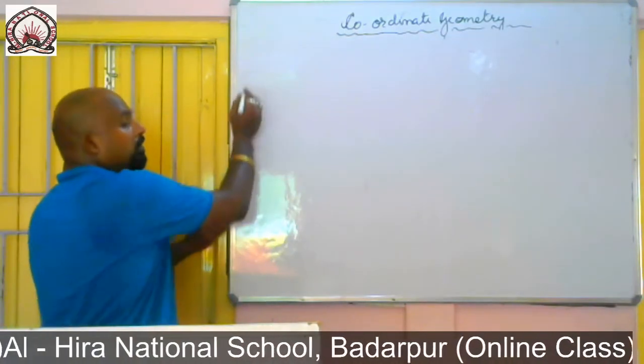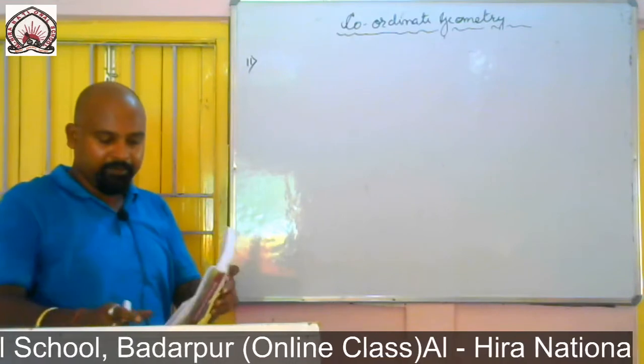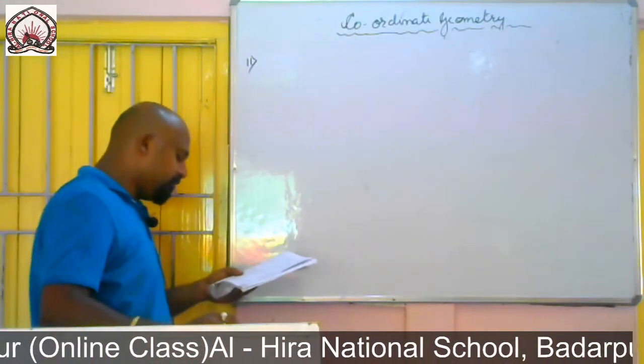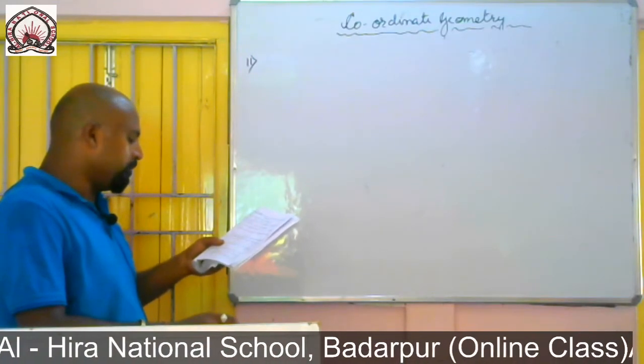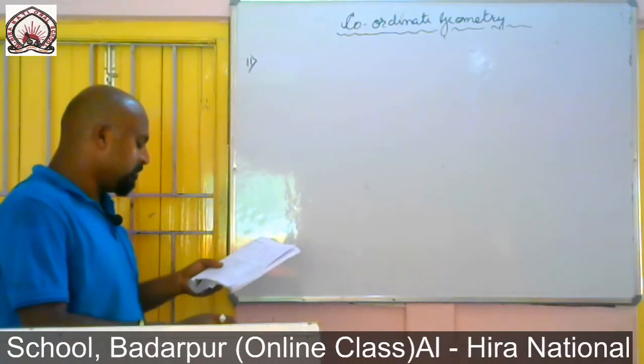Now question 11. Find the angle made by the x-axis and the line joining the points 3 comma minus 1 and 4 comma minus 2.